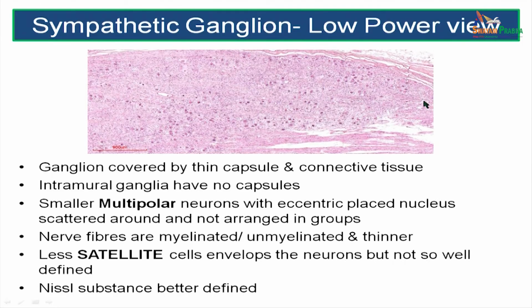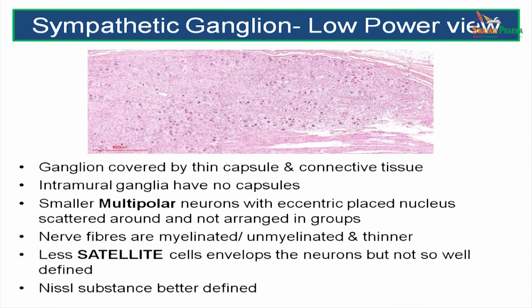A slide of a sympathetic ganglion shows you many nerve cells and nerve fibers. This ganglion is covered by a thin capsule of connective tissue and it has many multipolar neurons which are smaller in size and they have eccentrically placed nuclei.